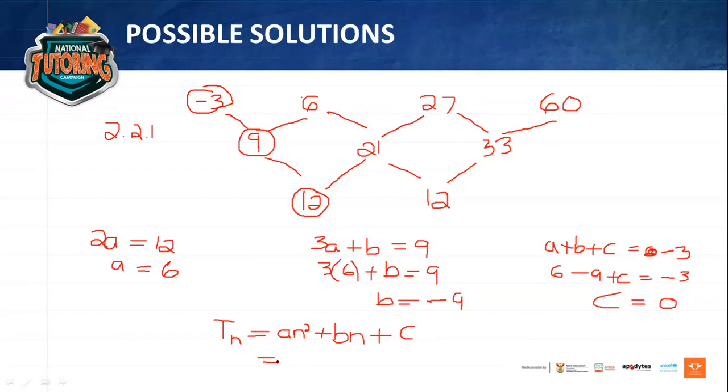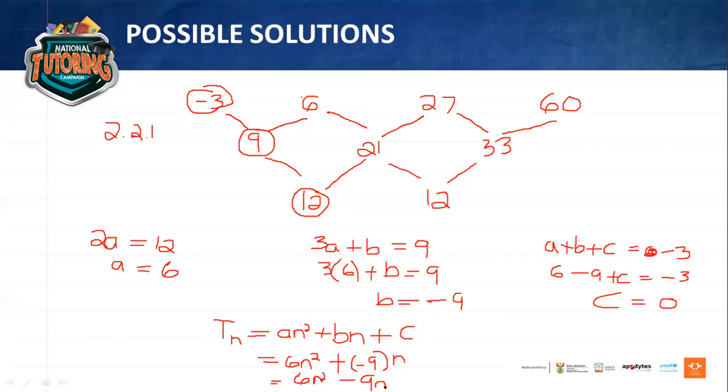Now we have the formula, we can just substitute, then it works out to 6n to the power of 2 plus, but now the b is minus, so it would be minus 9n. Ultimately, this is the same as 6n squared minus 9n. Good, that would be the answer.